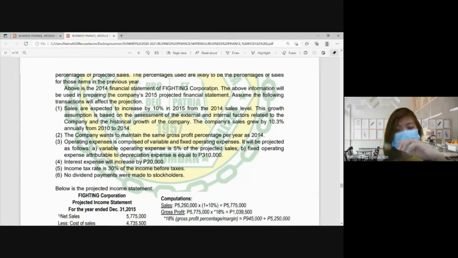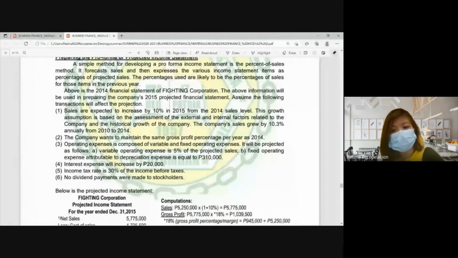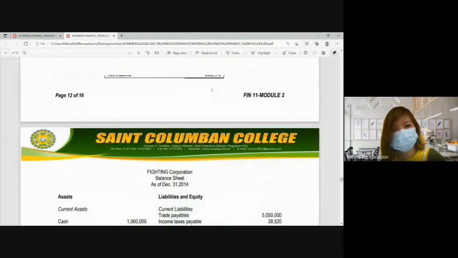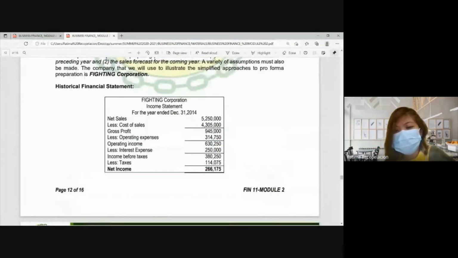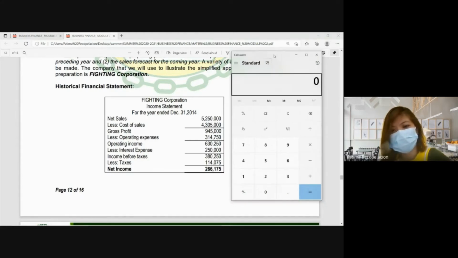So, we will compute the gross profit percentage for last year, 945,000. How will you compute the percentage? Gross profit divided by net sales. That is gross profit percentage. I believe you're familiar with that already.